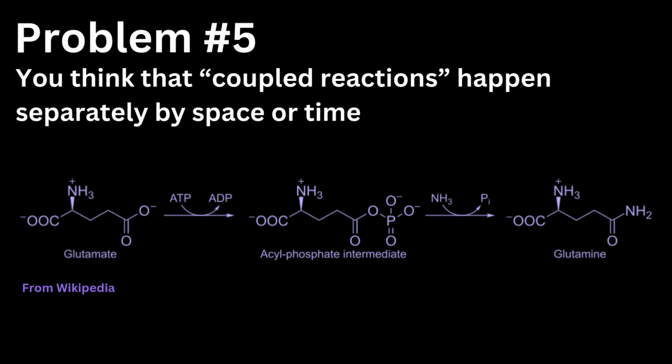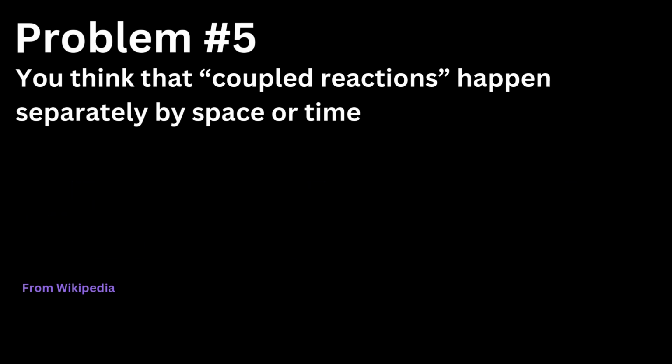The transfer and replacement of the phosphate group happen as separate steps within one enzyme. Here, you might still hear people say that ATP hydrolysis is coupled to the addition of an ammonium ion to glutamate. But remember that ATP is transferring a phosphate and doesn't react with water in this case.